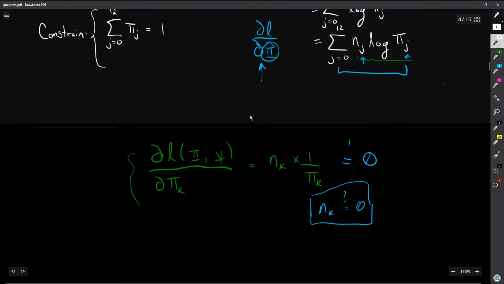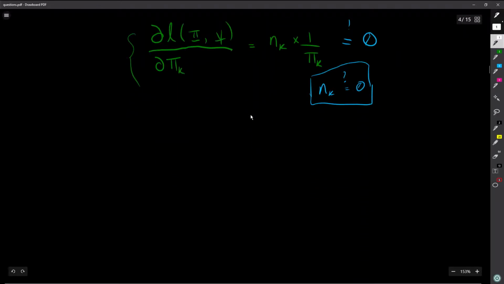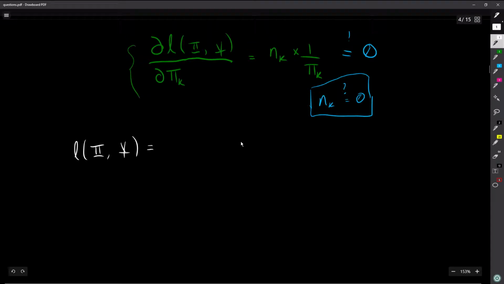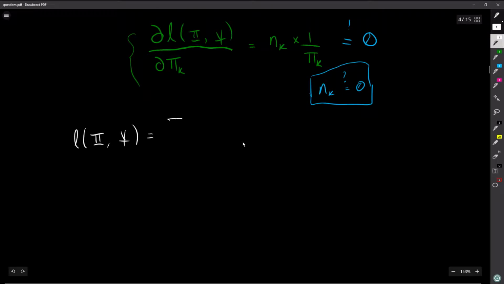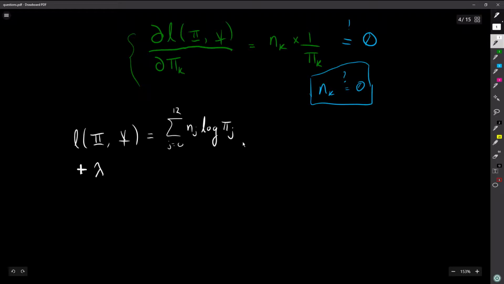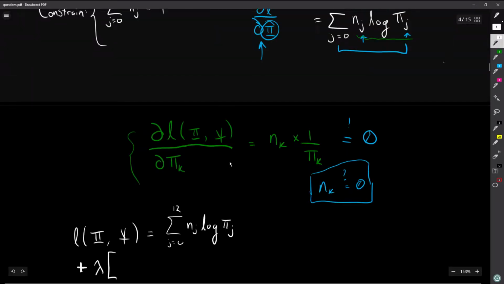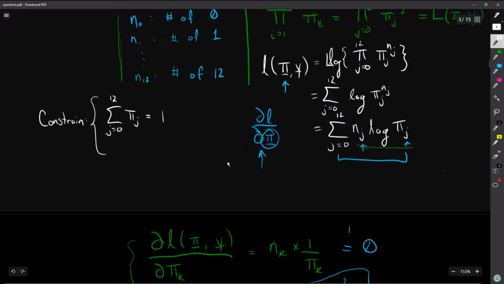And so the way that we're going to do that is, instead of working with the likelihood directly, so say the log likelihood, rather, is this summation j equals 0 to 12 nj log pi j, what we do is we take the likelihood and we add on lambda, which is just some parameter that's going to be a placeholder, times the constraint that we have here when it's made equal to 0.